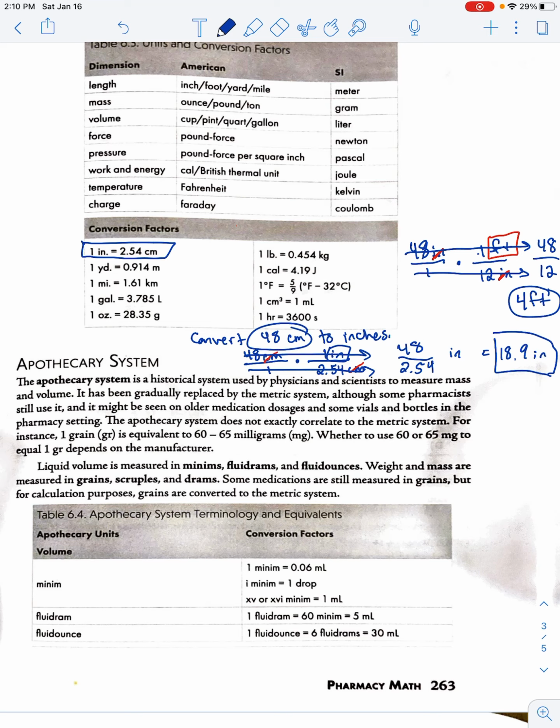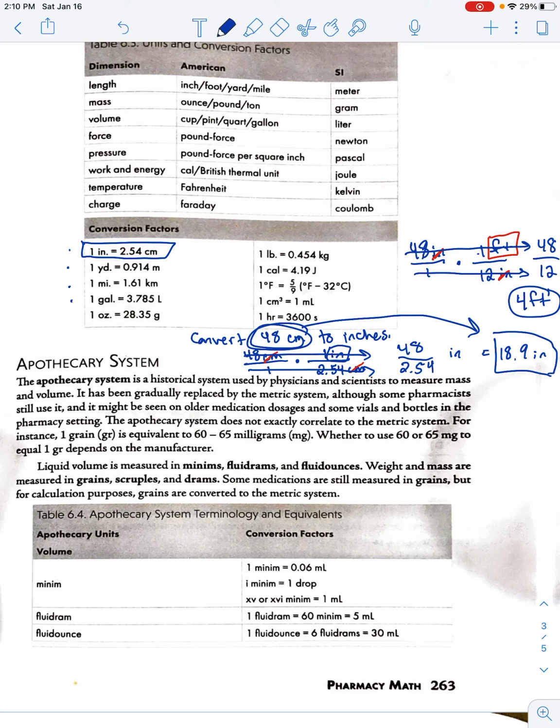So 48 centimeters is 18.9 inches. So if your closet is 36 inches wide, will something that's 48 centimeters fit? Yep, it'll fit in your closet because it's really only 18.9 inches. So that's what we're going to do. We're going to use these conversion factors to convert between units.